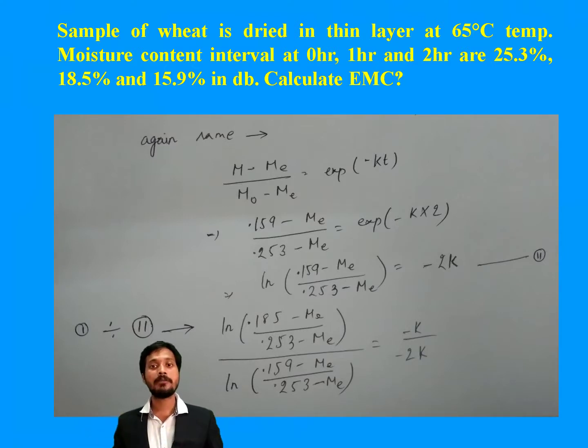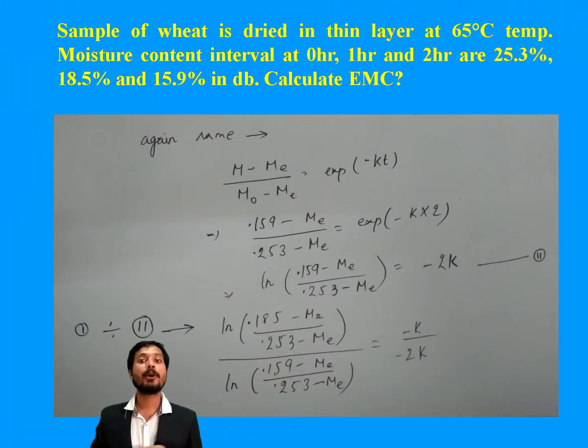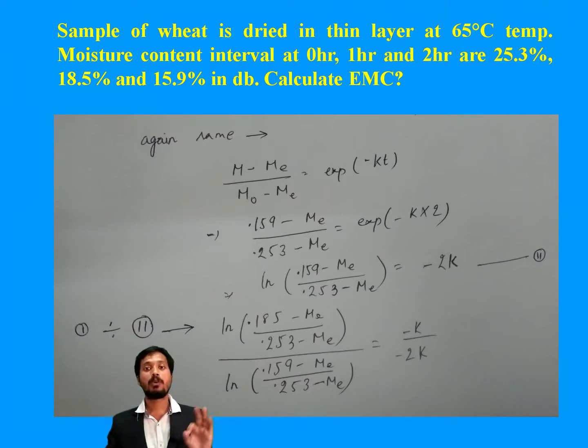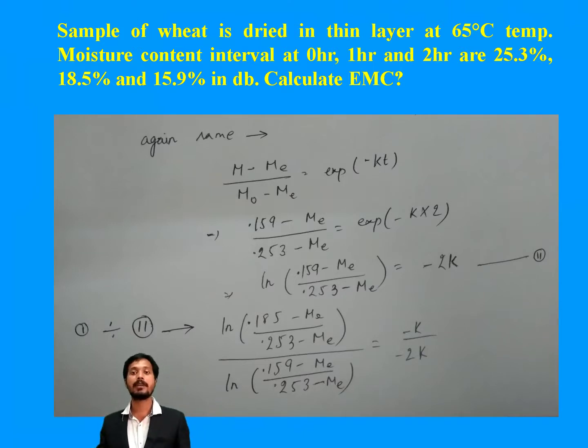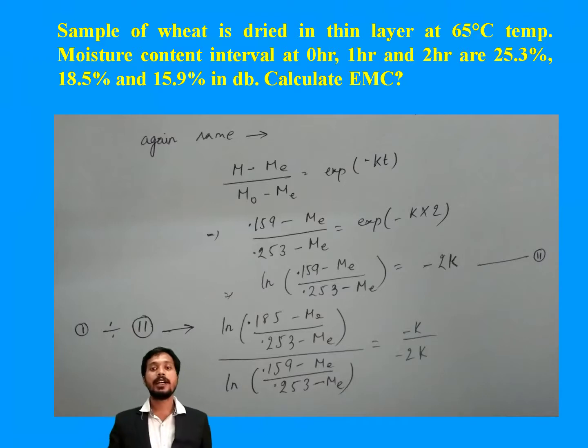What is the value of M now after 2 hours? 15.9%. Now 0.159 minus Me divided by M naught. What was the initial moisture at the beginning? 25.3%. So 0.253 minus Me equals exponential of minus k into T.